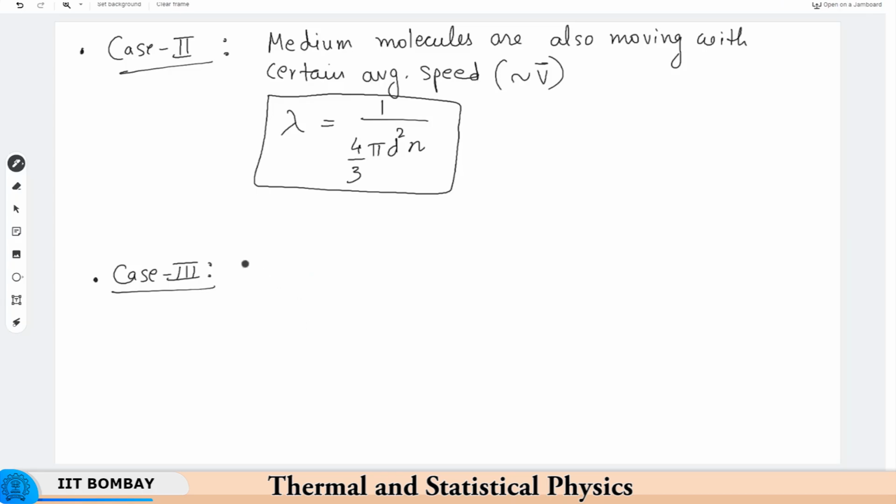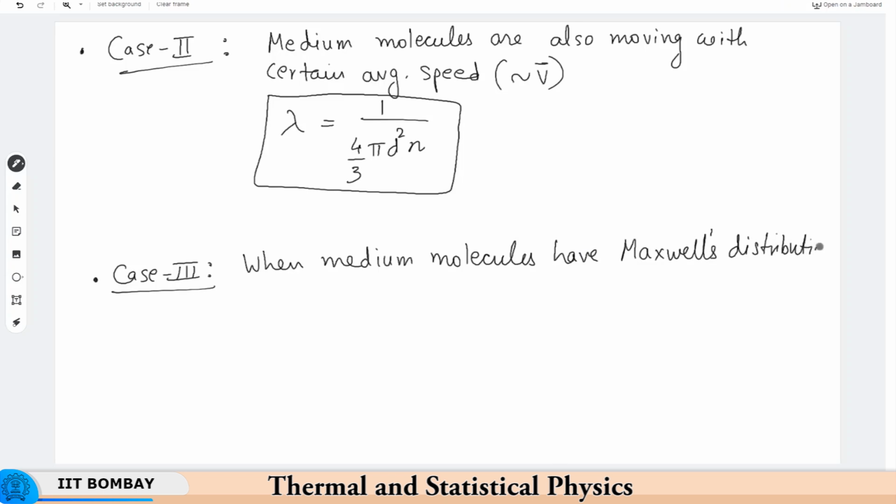So, when medium molecules have Maxwell distribution of speeds, and if we do that calculation, the result is as follows. Lambda takes the form which looks like this, 1 by square root of 2 pi d squared n. Okay.